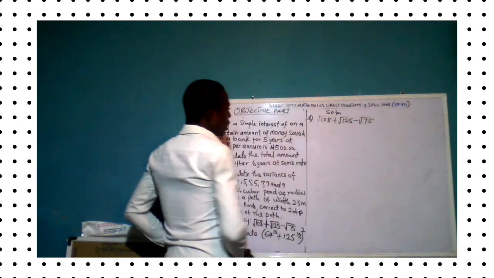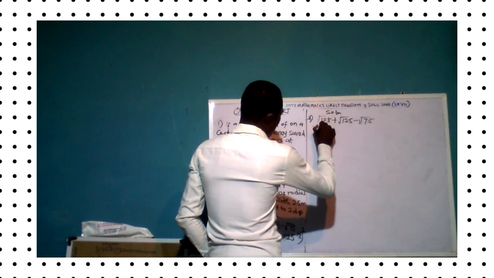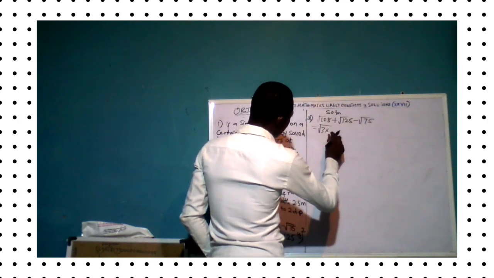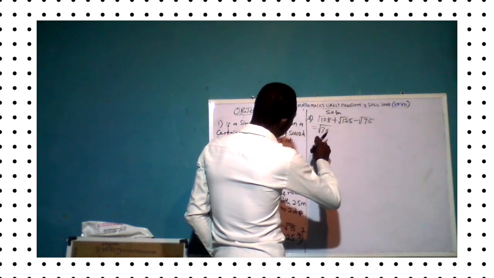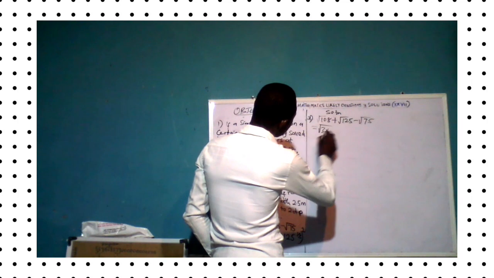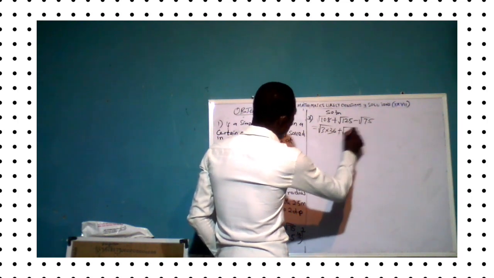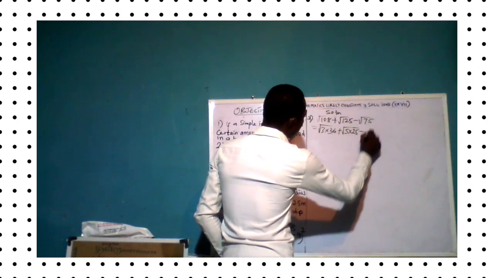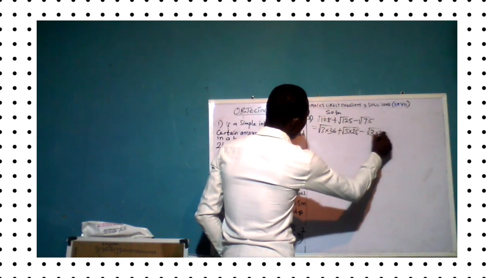Okay, this can be re-expressed as square root of 3 multiplied by 36, then plus square root of 5 multiplied by 25 minus square root of 3 multiplied by 25.